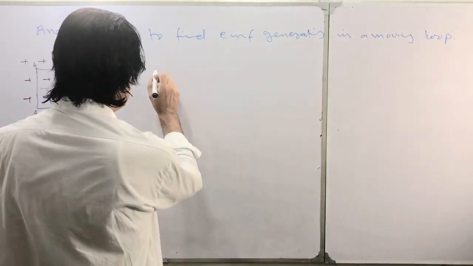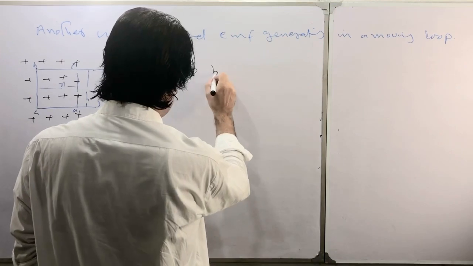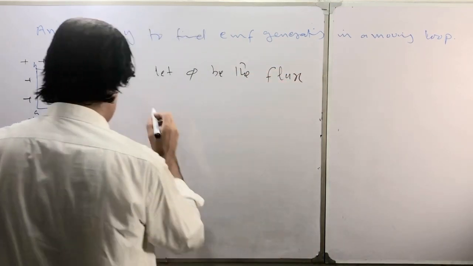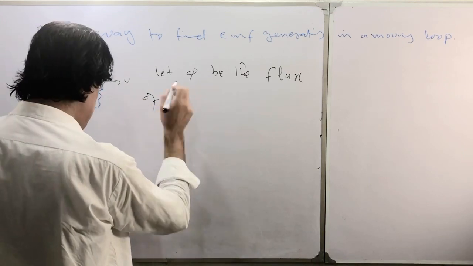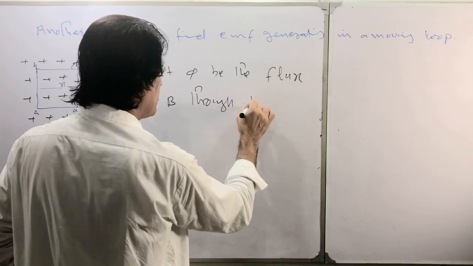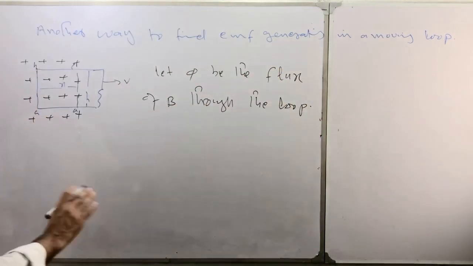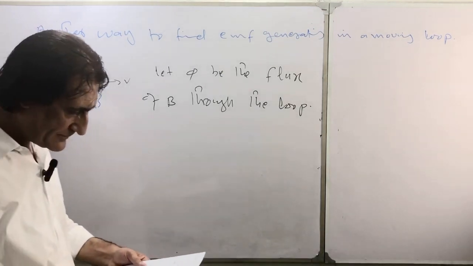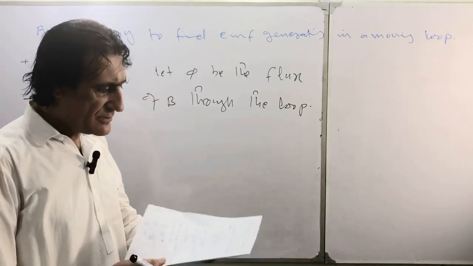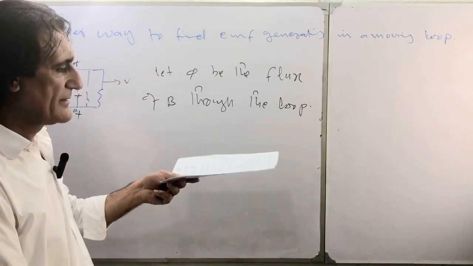So let phi be the flux of B through the loop. You can also consider it like this.